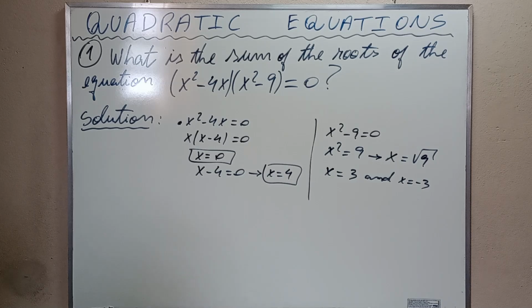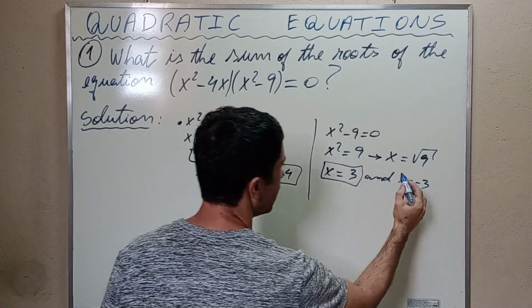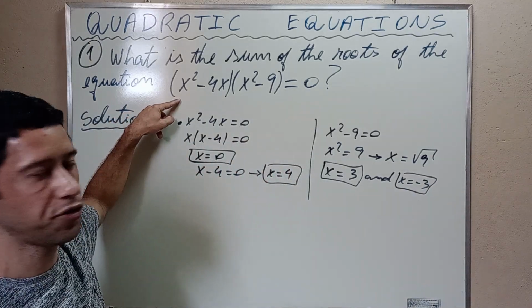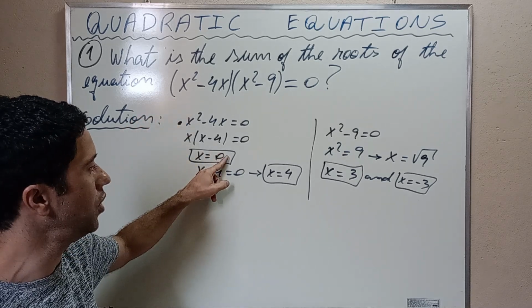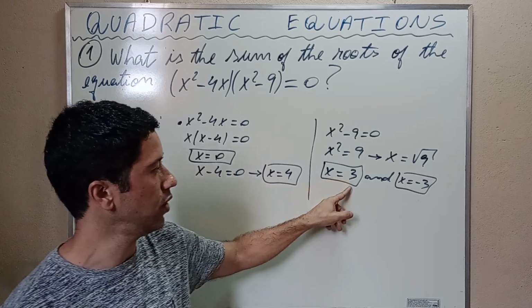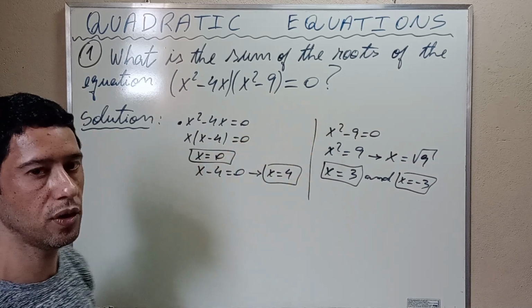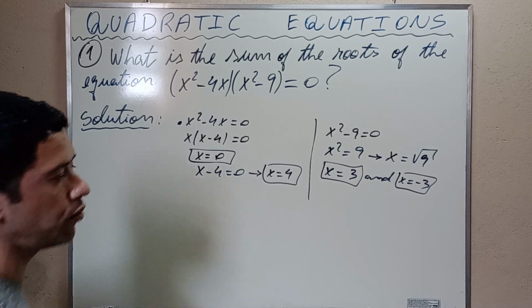Consequently, x equal to 0, x equal to 4, x equal to 3, and x equal to negative 3 make this original statement true. If I substitute 0 or 4 or 3 or negative 3 here, this statement will be verified. It is true.